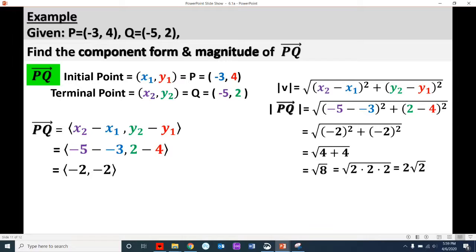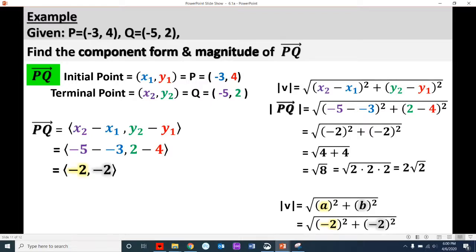To find the magnitude of vector PQ, we could have also used this formula. We had already written vector PQ in component form. Substituting component A and substituting component B and simplifying, we would have arrived at the same answer.